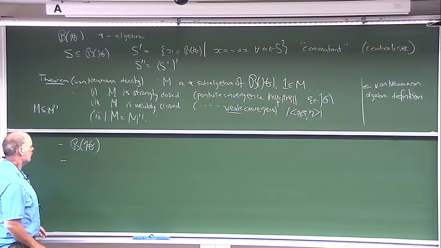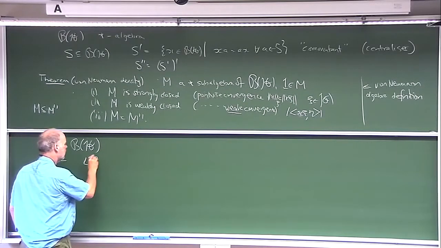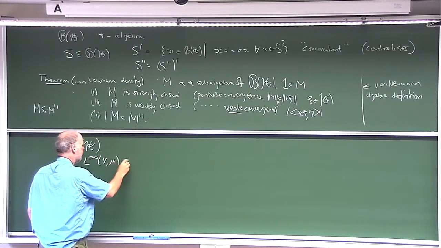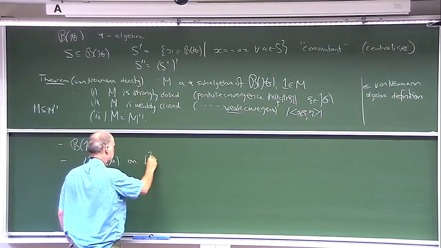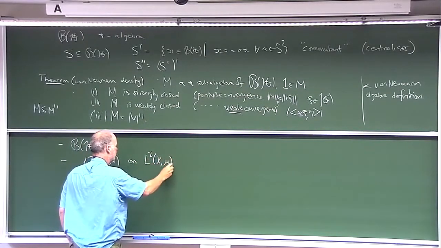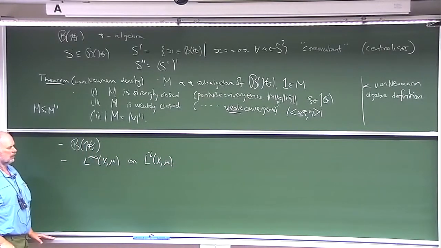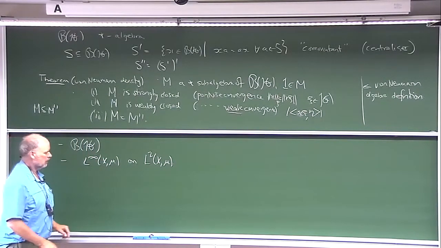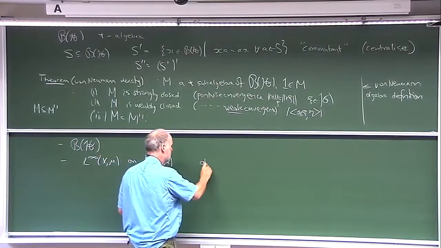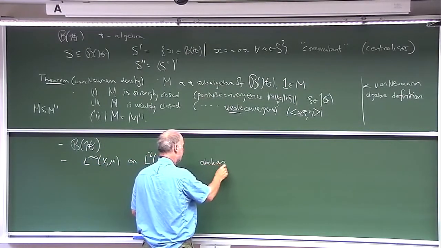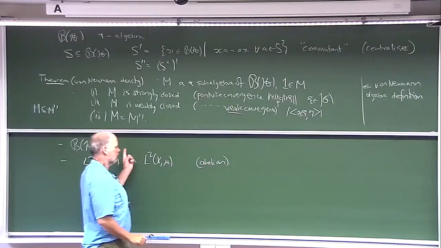And the second example was L infinity of a measure space acting on L2 of the measure space, that's always a von Neumann algebra, and this one, of course, is highly non-abelian.